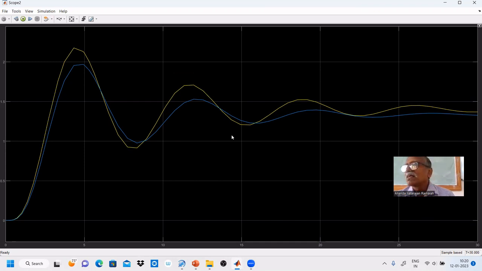If you increase gain in a closed loop, zeta will increase. It is a function of omega n. That's why you can analyze like this. But how many of you will analyze all these things, I do not know. But anyhow, with a small response, we can think many things.